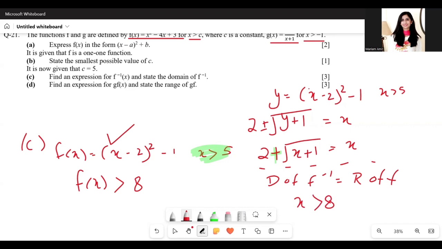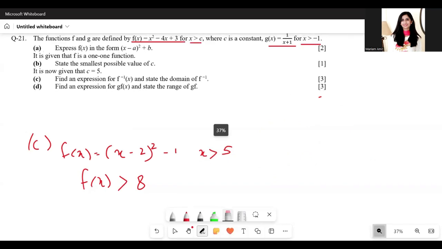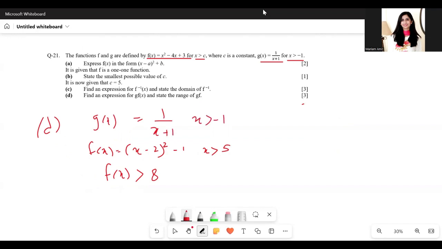Part D says find gf and state the range of gf. So we know what is f(x), and x is greater than 5. Now let's also write g(x) and its domain. g(x) is 1 upon x + 1, and its domain is x greater than −1.